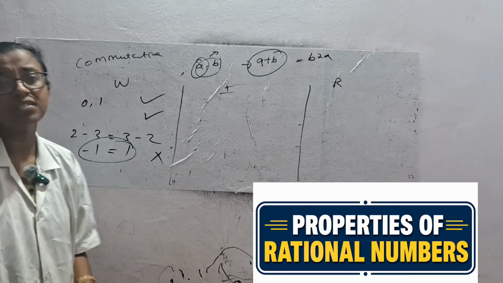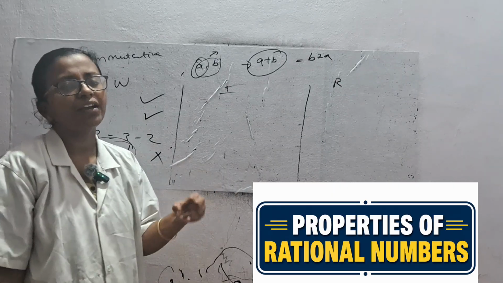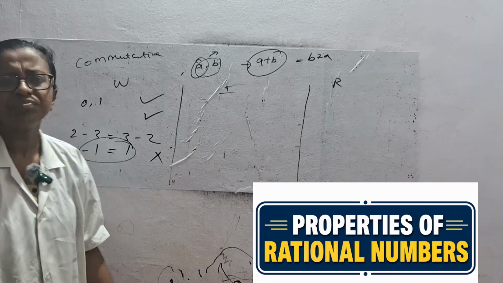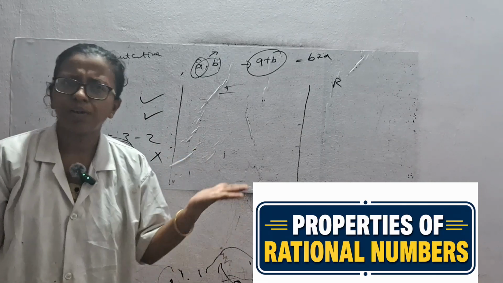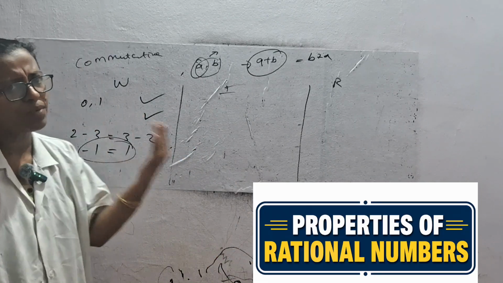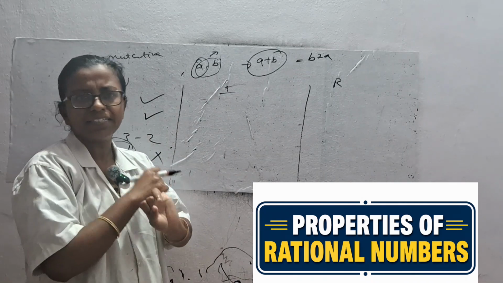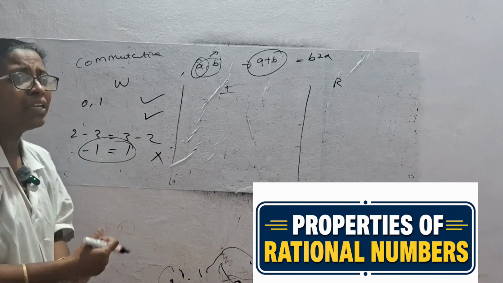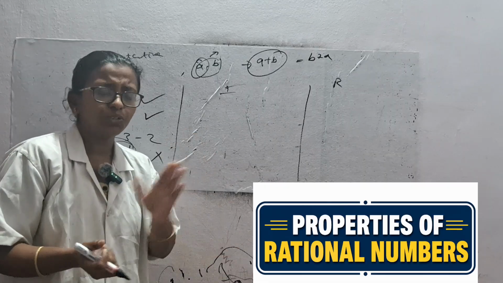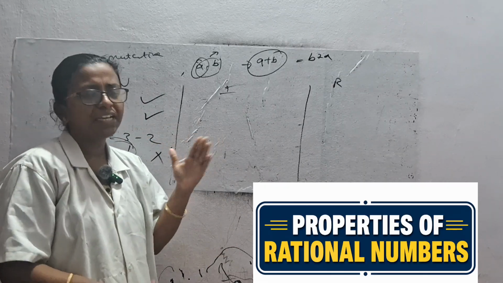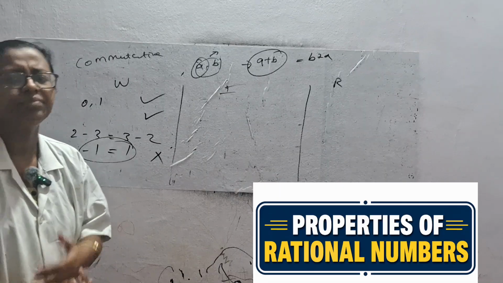In integers, we also include the negative numbers. So we can say in addition, for example, minus 2 minus 3 is equal to minus 3 minus 2. We get the same answer, so addition satisfies. In multiplication, 3 into 2 and 2 into 3 are also the same. So addition and multiplication are satisfied.